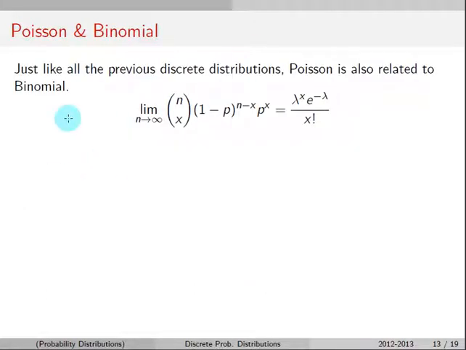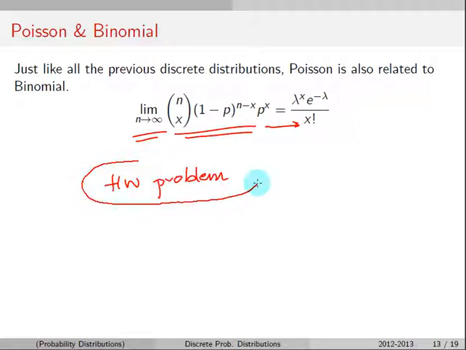Just like all other previous discrete distributions, Poisson is also related to binomial. Let's see how it is related to binomial. When you take the limit n tending to infinity for a binomial distribution, it starts to look like this. So I want to assign you a homework problem. I want you to do some research and prove this.